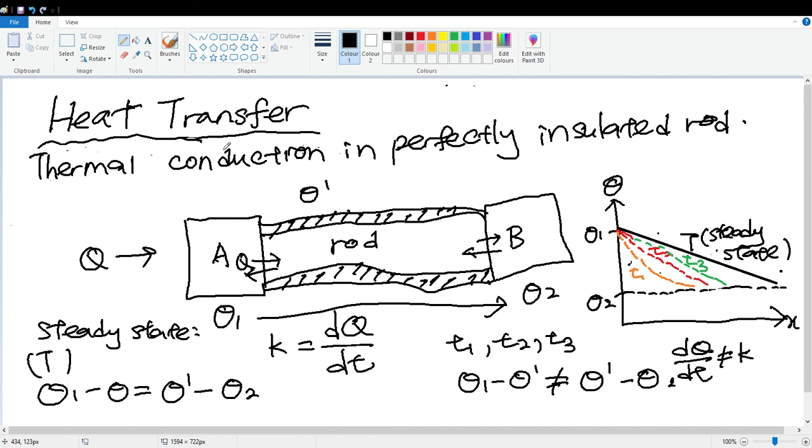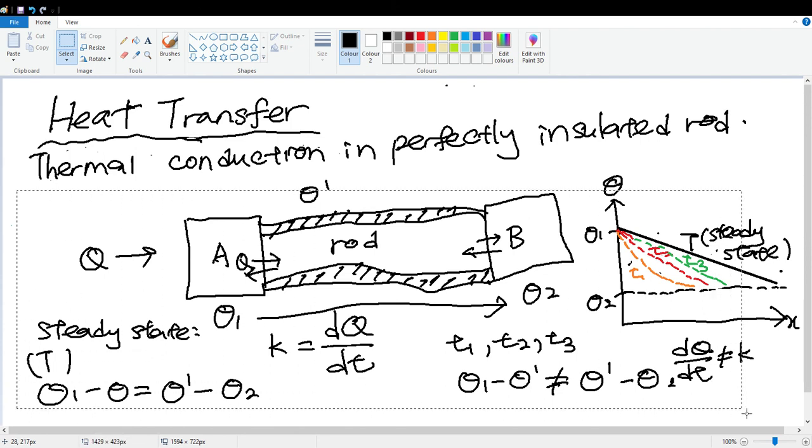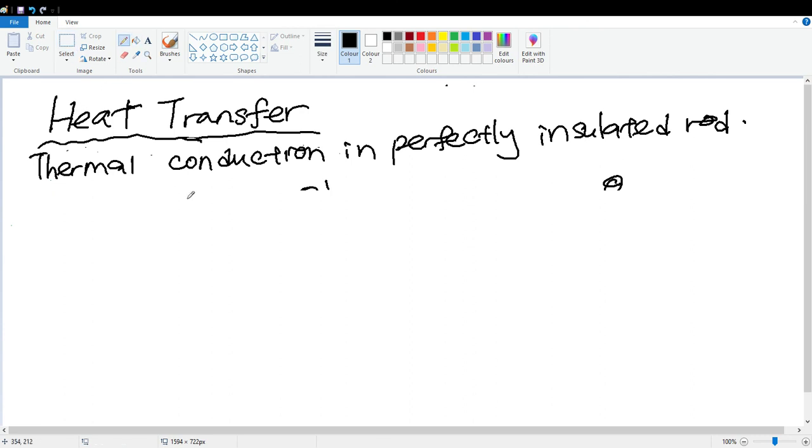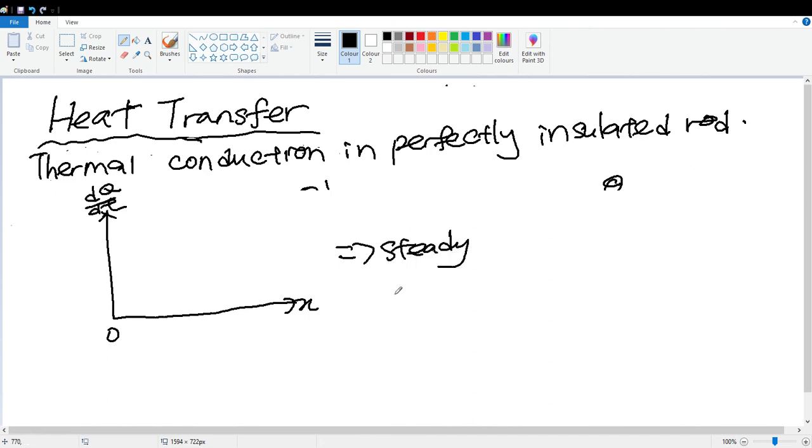So I can conclude that, so this is my x, which is the distance from A to B. And this is my dQ over dt, in the steady state. So the dQ over dt is actually constant at every point.